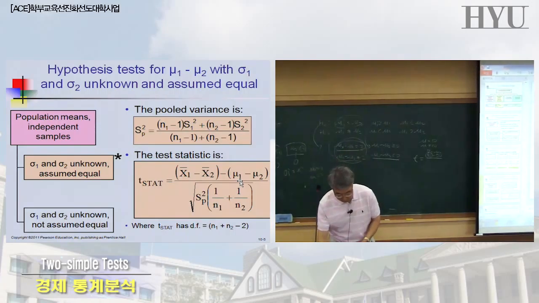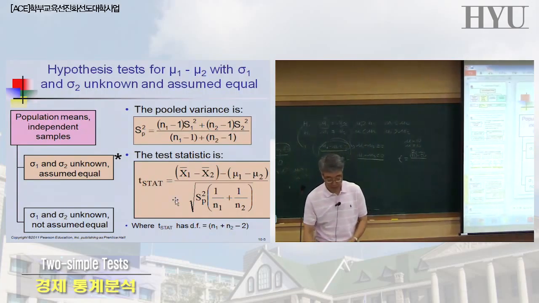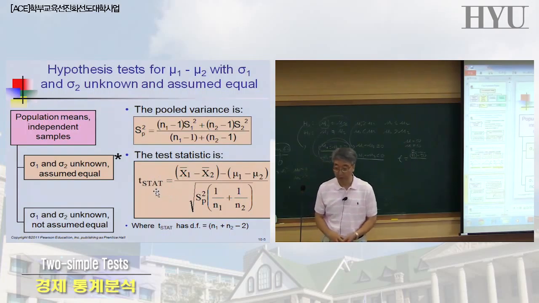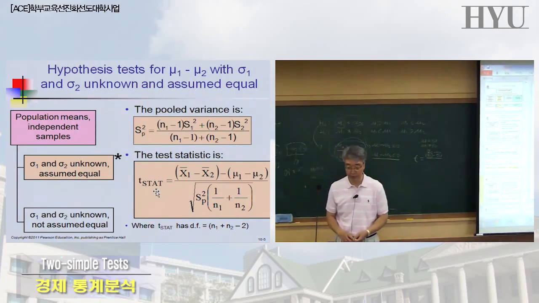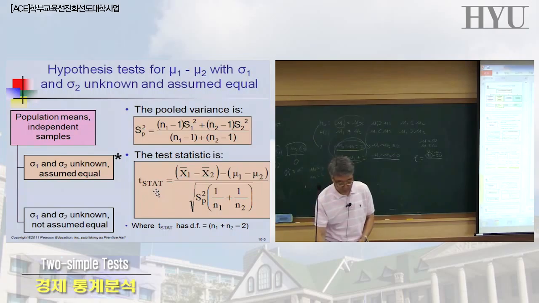Okay, so that's the structure of the test statistic. The only complication in this case is that you have to do some calculation and calculate the pooled variance. Once the pooled variance is calculated, then the rest follows. Using this test statistic, in order to find the critical value, you have to know the degrees of freedom.